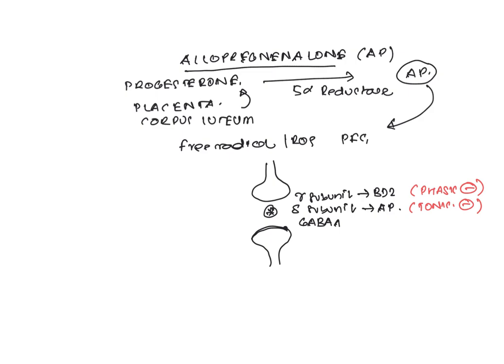The delta subunits are also present extrasynaptically, right? And this extrasynaptic delta subunit is responsible for tonic inhibition. So allopregnanolone will attach to the delta subunit of the GABA A receptor, both within the synapse and outside the synapse. So now let's talk about allopregnanolone. So sleep deprivation, and we call the sleep deprivation here SD.